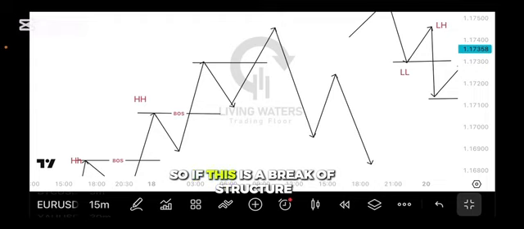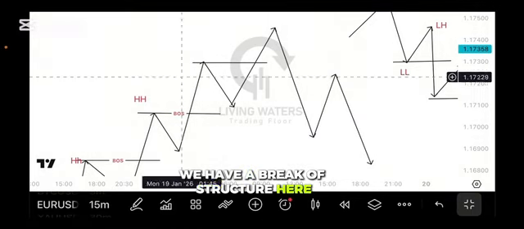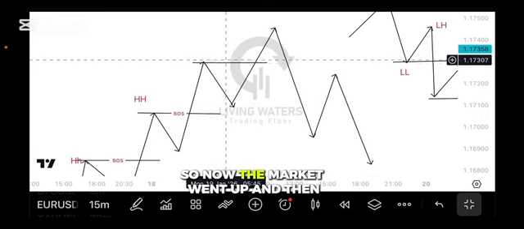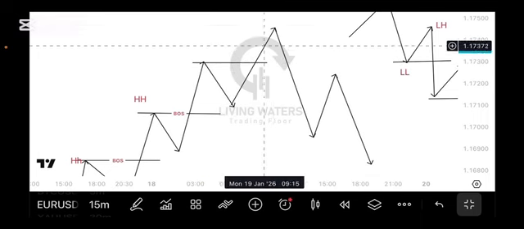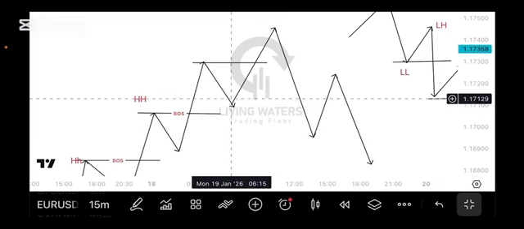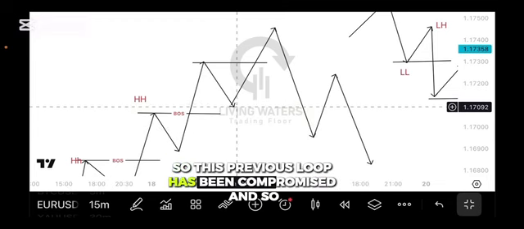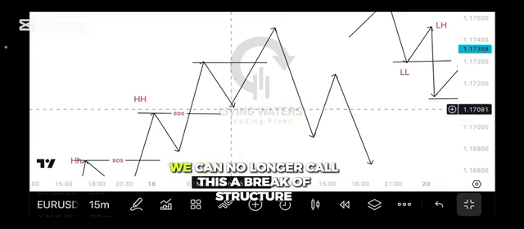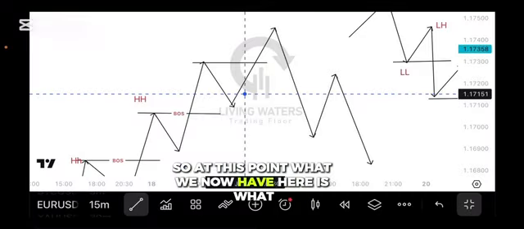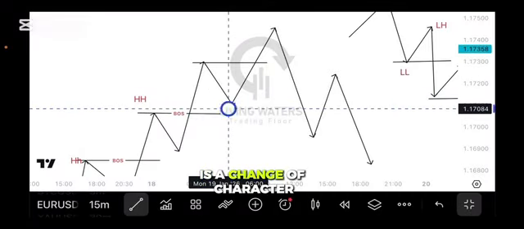So we have a break of structure here, and another break of structure here. Now the market went up and then came down with an impulsive move to take out this previous low. So this previous low has been compromised, and so we can no longer call this a break of structure. At this point, what we now have here is a change of character.